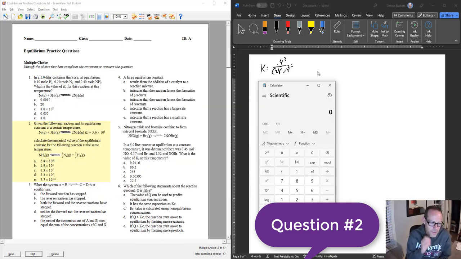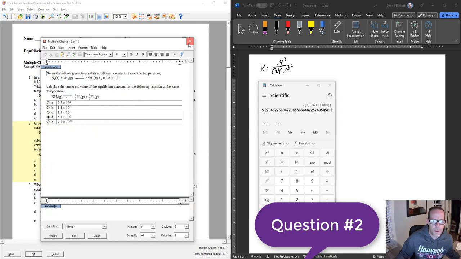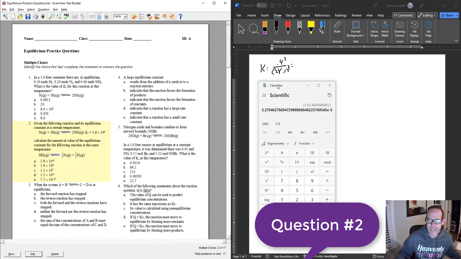So I'm going to have 3.6 times 10 to the 8th. I'm going to take the inverse of that, and then the square root. So 5.2 times 10 to the 5th. Yep. So that one's letter D.